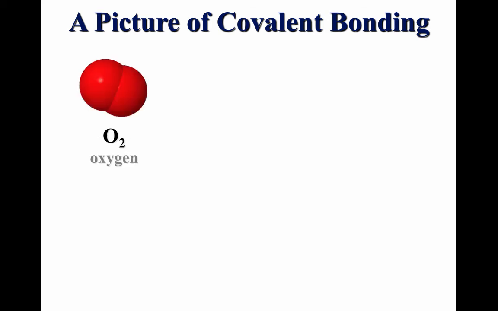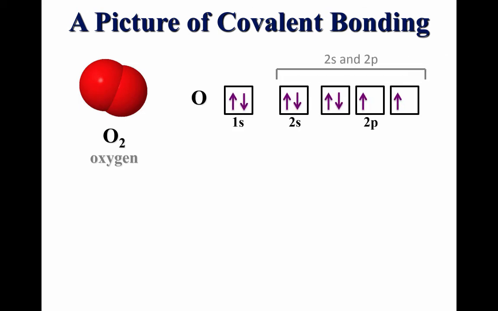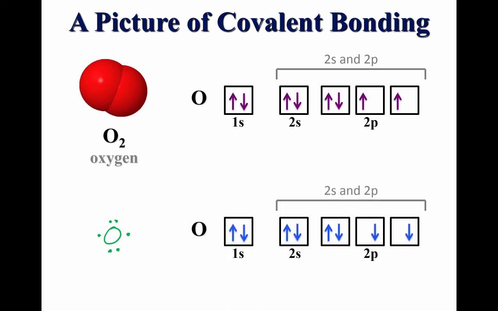In our last example, we're going to look at a slightly different situation. Oxygen is an atom that has 6 valence electrons. It's 2 electrons short from having an octet. In our last example, we saw oxygen sharing electrons with 2 different hydrogens. But if there were no other elements, if it were just oxygen, oxygen might also share electrons with other oxygen atoms.